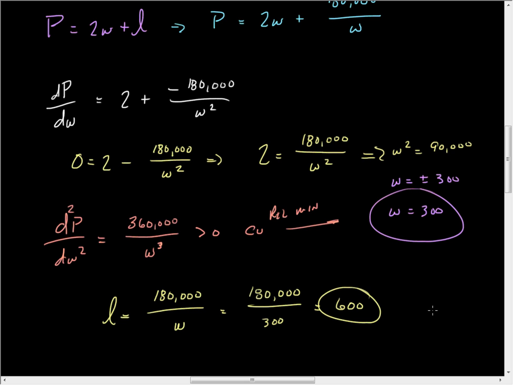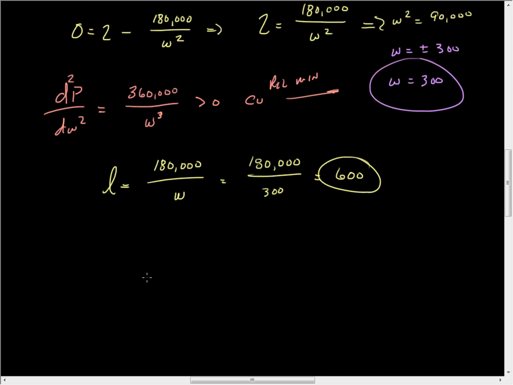And so there's our dimensions, because we're looking for the dimensions, width is equal to 300, length is equal to 600. Okay, so this is the minimum. You need a minimum of 1,200 meters of fencing in order to enclose this 180,000 square meters of pasture area as long as it abuts a river.